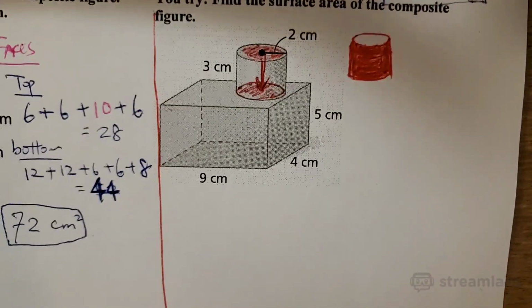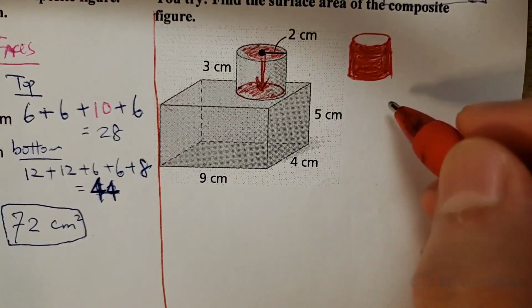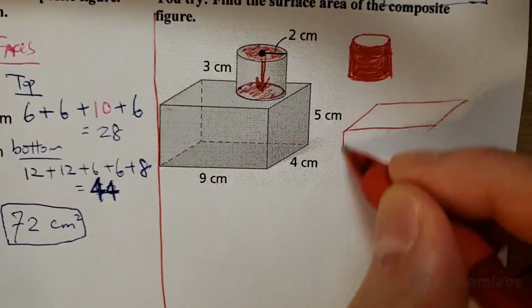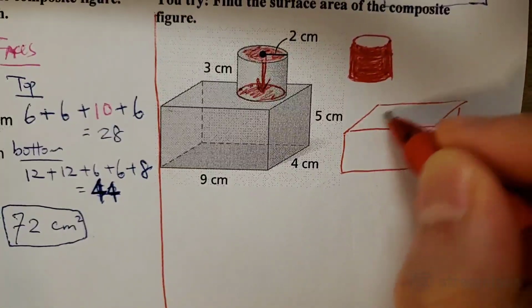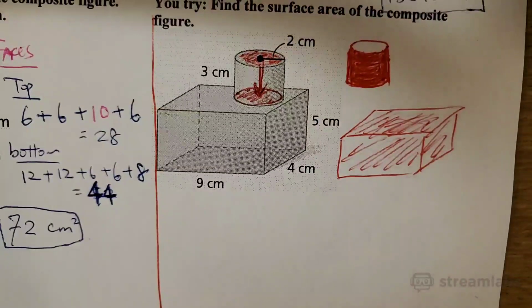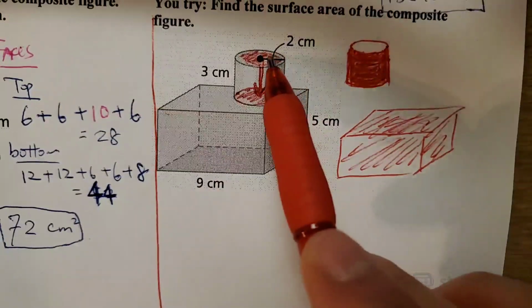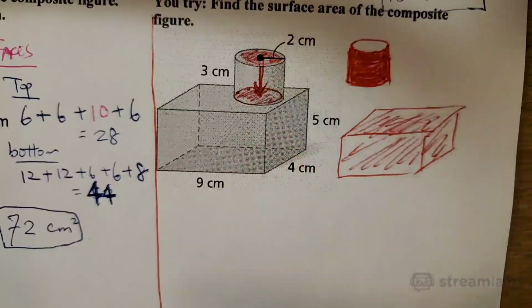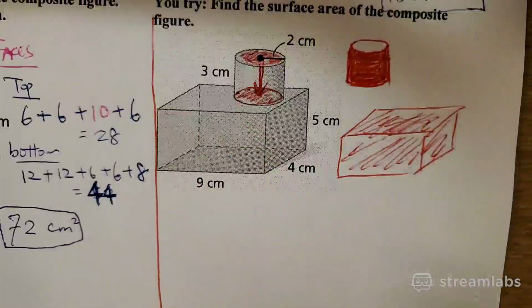So that's the first part I'm adding. And the second part is the whole prism, the whole thing. So I'm doing these two things. Why don't I have to add the top? Because the top is now moved to the bottom to make this a thing. So you kind of flip it over.